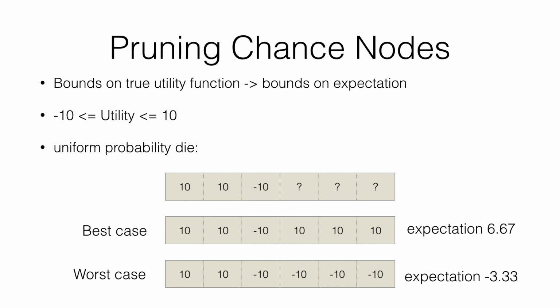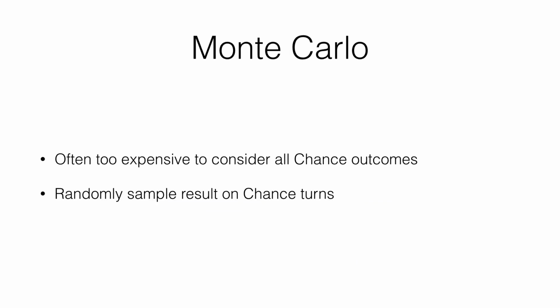So another strategy we can take, instead of using expectiminimax, is to replace all the chance actions with deterministic outcomes that we sample from a random distribution.